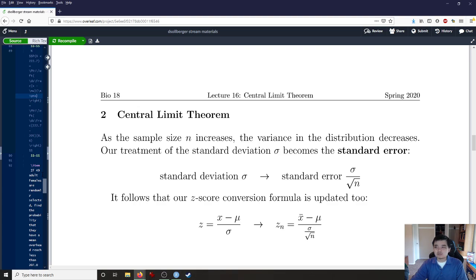That is, I don't have a diagram in front of us, but the bell curve actually gets skinnier, and that affects the calculations. The bell curve gets skinnier as we get more and more data as n increases.